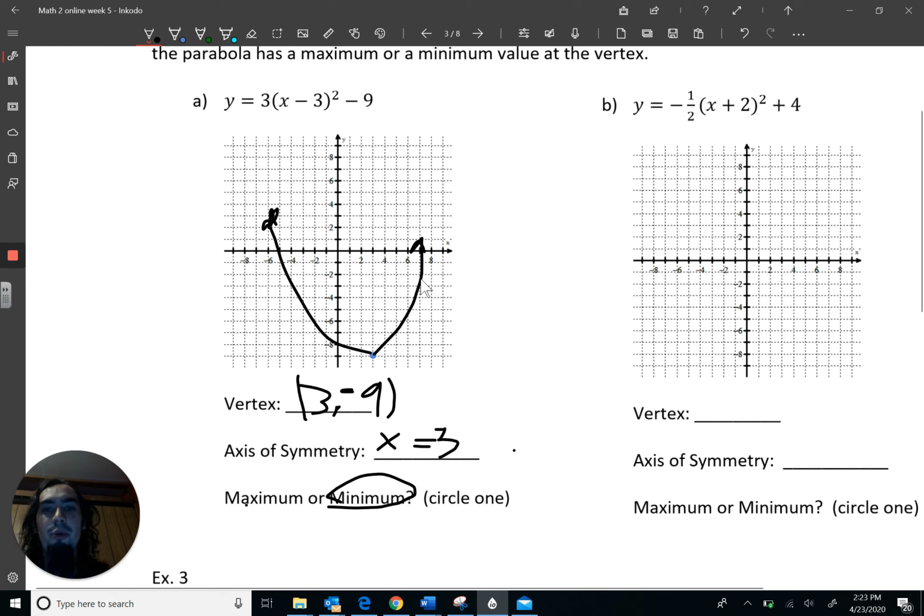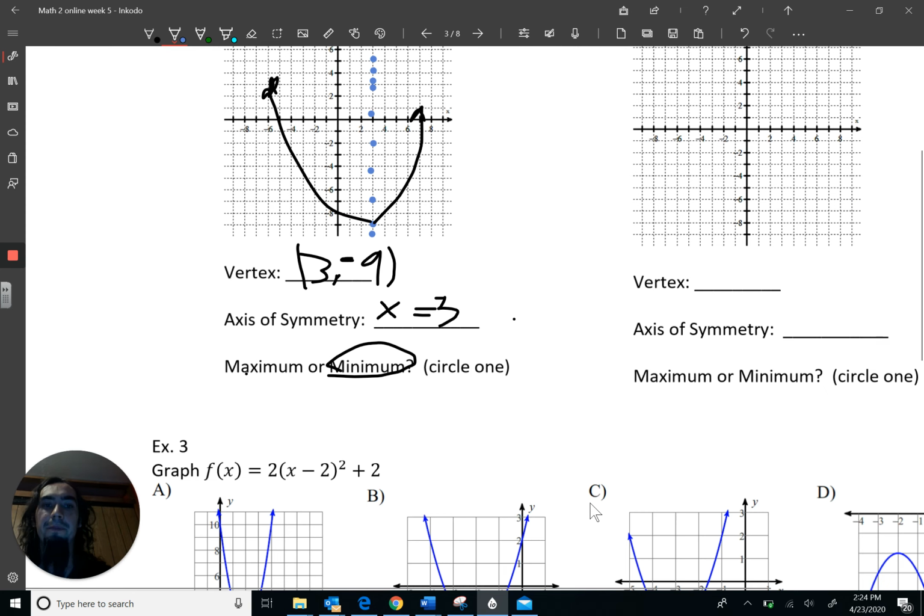But I will give you points for this because what I'm looking for right now is the correct vertex, the correct axis of symmetry, which I'm going to have you draw, and the right direction. Since I've drawn mine going up and I've got the correct vertex, I will get full points for this, even though the graph looks terrible and the x-intercepts are not in the right spot, because right now I'm not focusing on the x-intercepts. I'm really just focused on these things here.